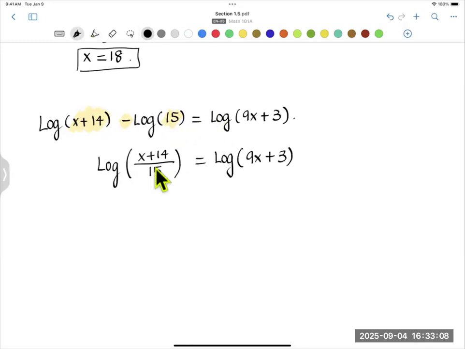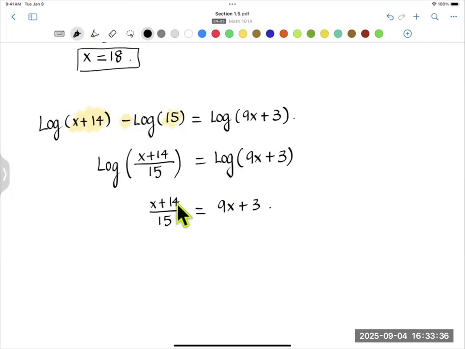Okay, so once again, the equation becomes the logarithm of x plus 14 over 15 equals the logarithm of 9x plus 3. So logarithm equals logarithm, we can simply set the arguments equal to each other. So x plus 14 over 15 equals 9x plus 3.